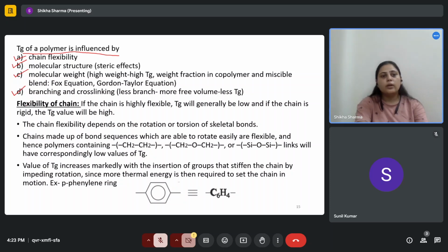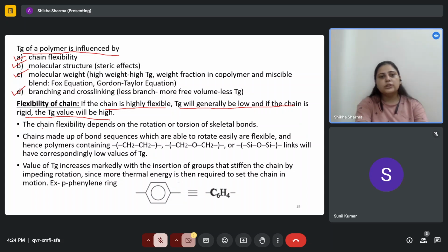So, if the chain is highly flexible, what happens? Tg will be low. As we have in the question, a flexible pendant group decreases the Tg, and if there is a rigid group or a stiffer bulky group, then the Tg, which is the glass transition temperature, will be higher.